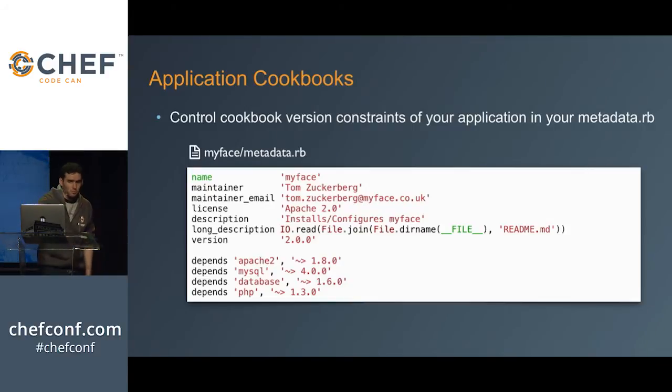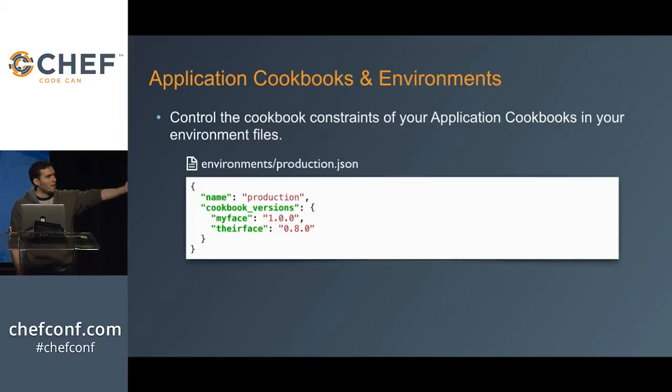And this is really cool because then it allows you to do things like this. If you have an environment where you have two applications that are being installed, the two applications have different development streams, and maybe they have different dependencies. Maybe MyFace depends on Apache 1.8, and TheirFace depends on Apache 2.0.